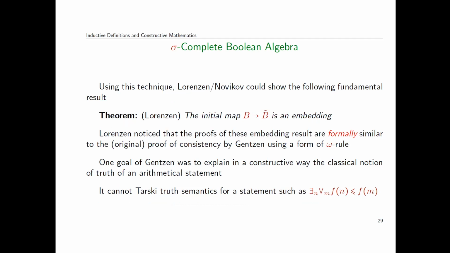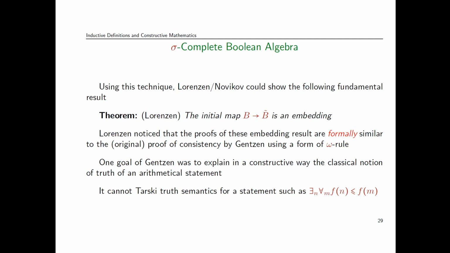And using this technique, you can prove the fundamental result that the map from B to the sigma completion is an embedding. And Lorenzen noticed that the proof of this fact is formally similar to the original, unpublished proof of consistency by Gentzen using the omega rule.